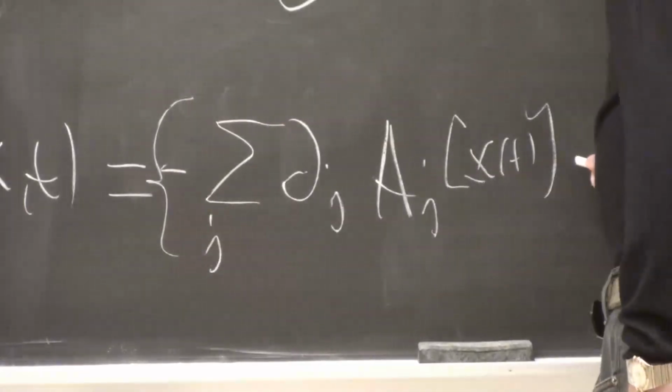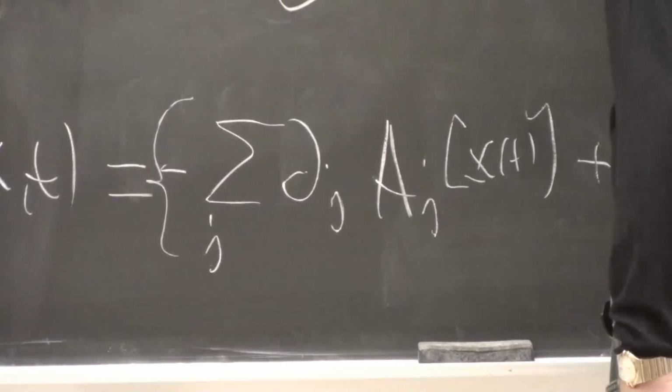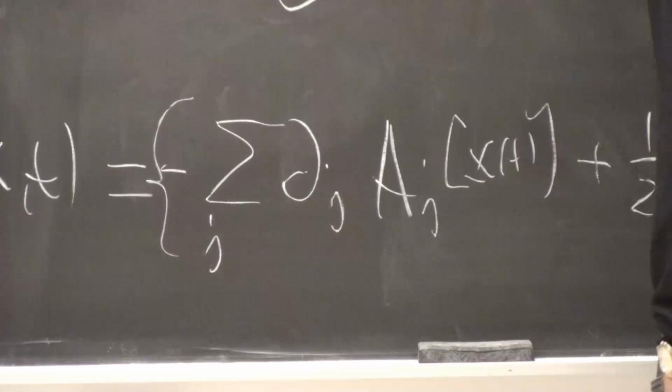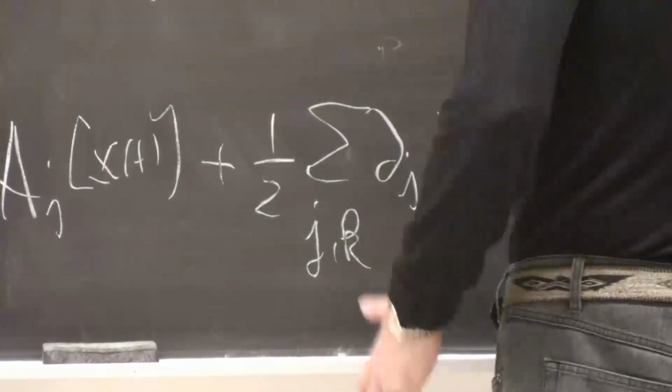And then plus 1/2 the sum over j and k of d_j d_k, and then you take the matrix B, which can depend on x, so I don't write it here. Don't worry.